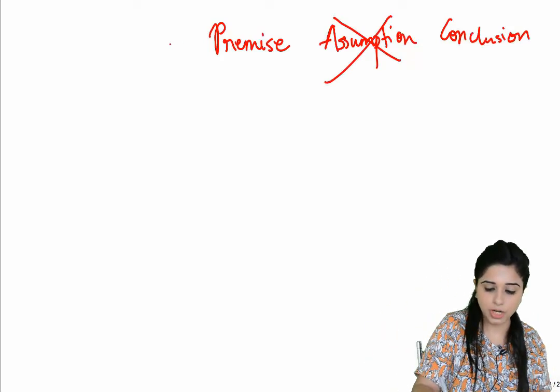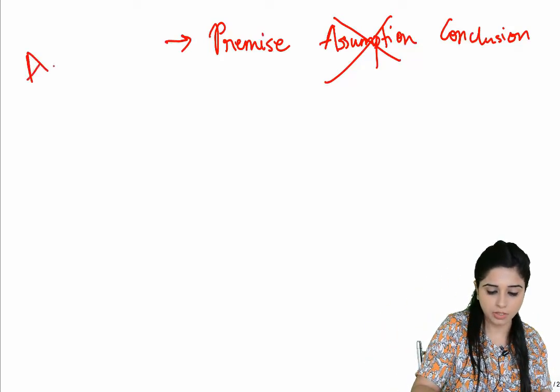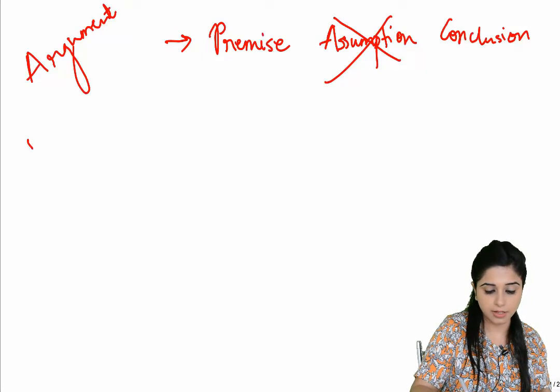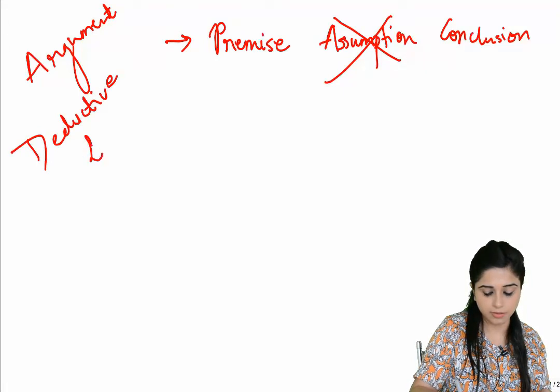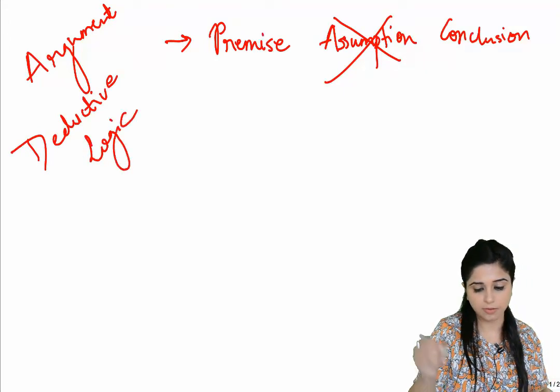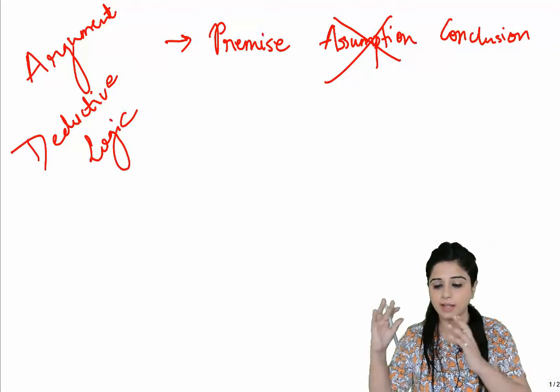So the structure of an argument in deductive logic is limited to a premise and a conclusion.